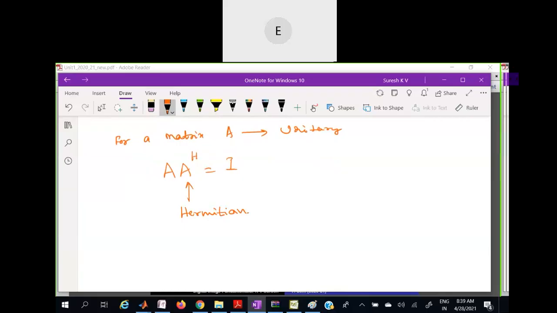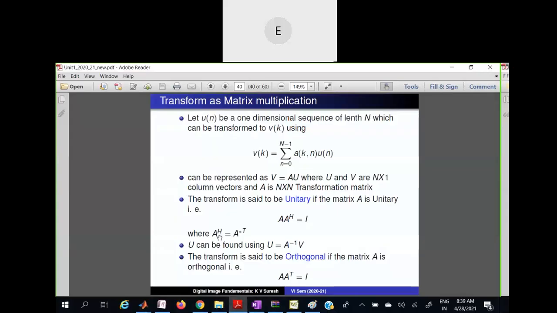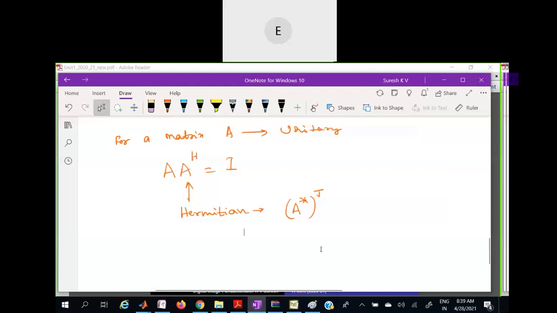AH is called Hermitian, that is why it is written AH. What is the Hermitian of a matrix? The Hermitian of a matrix is the complex conjugate transpose. That is what is written here. Complex conjugate transpose is Hermitian.